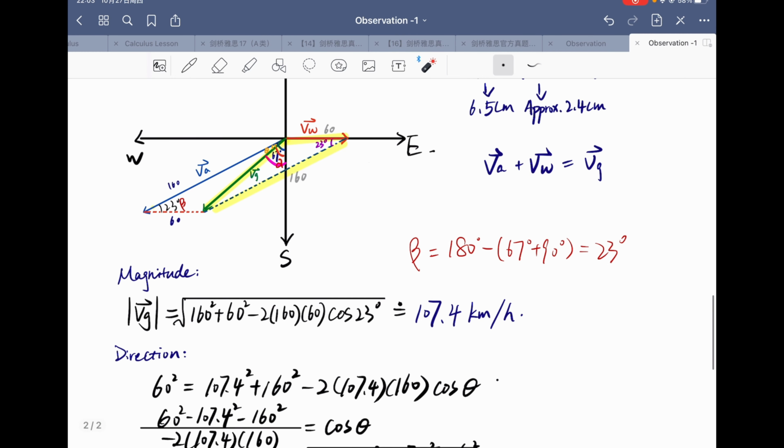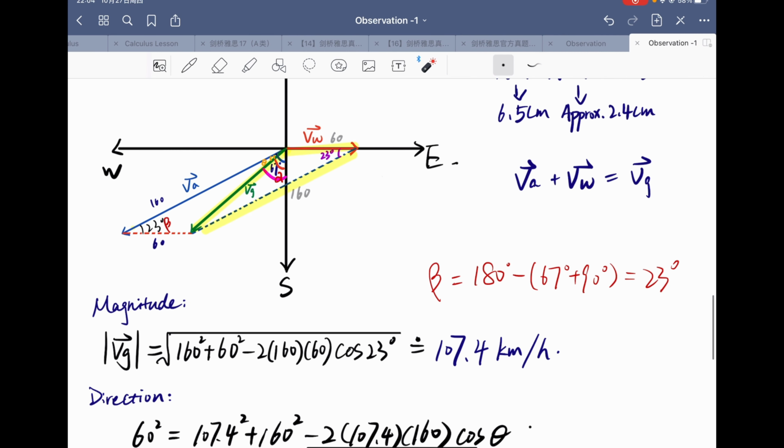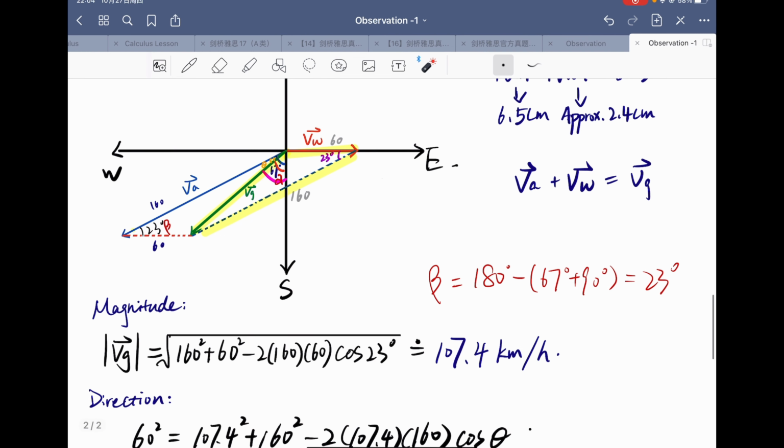Now I'm going to find out my ground velocity, which I use vector VG to represent. Because it's the addition of vector VA and vector VW, and their tails are attached, I'm going to use a parallelogram to find my vector VG.